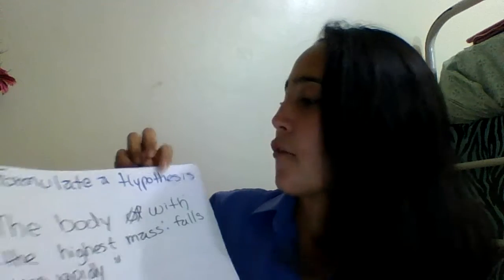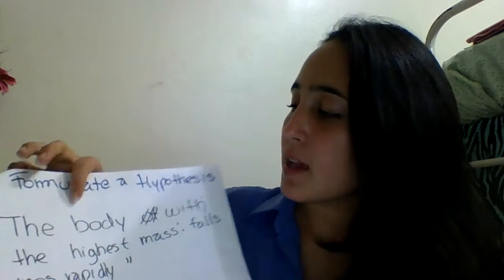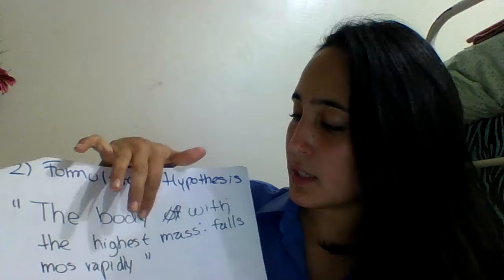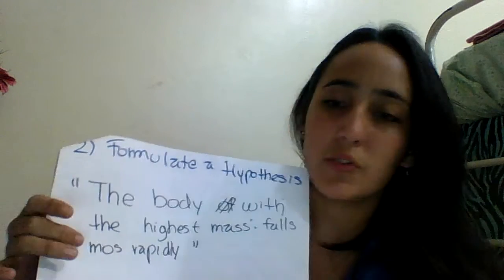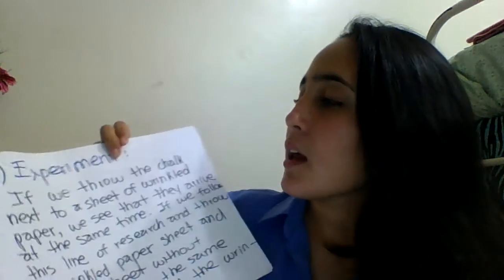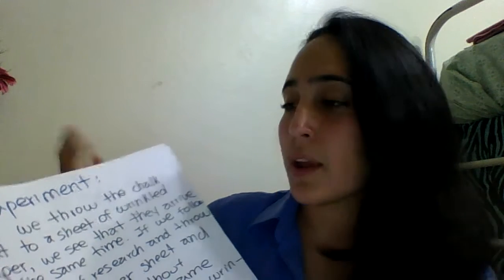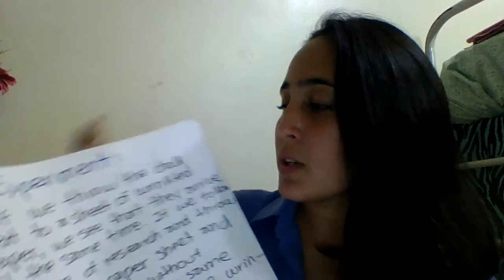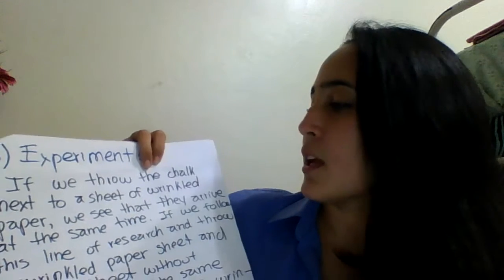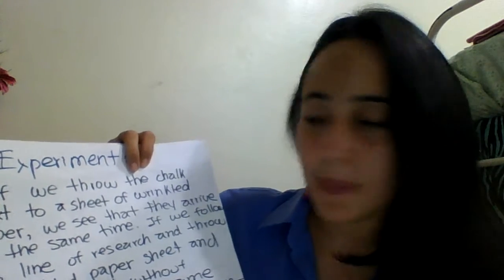Step 2. Formulate hypothesis. The body with the highest mass falls most rapidly. Step number 3. Experiment. If we throw the chalk next to a sheet of wrinkled paper, we see that they arrive at the same time.